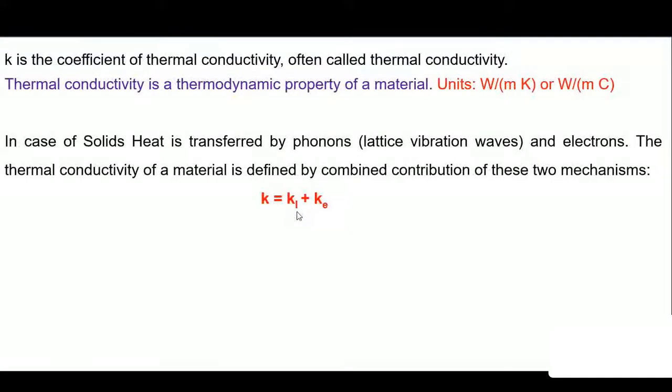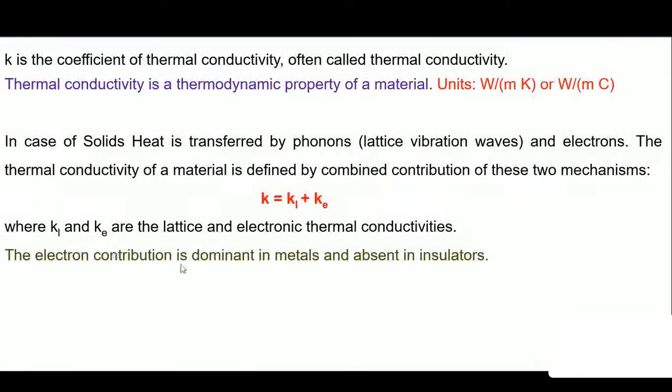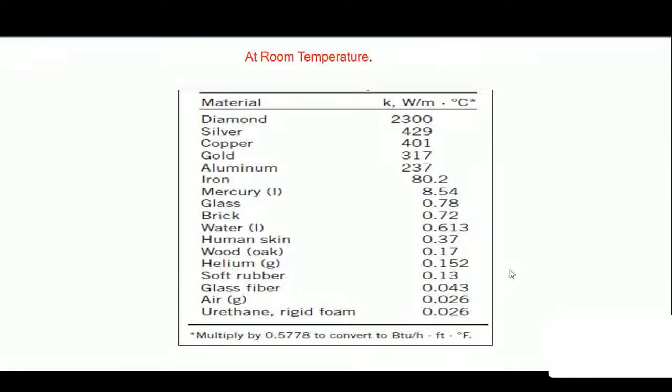If you add kL plus ke, you get the total thermal conductivity of the material. In non-metals, kL is going to be higher and ke is very small and can be ignored. In metals, ke is higher and kL is very small, and that's why it is normally ignored, where kL and ke are the lattice and electronic thermal conductivities. The electron contribution is dominant in metals and absent in insulators.